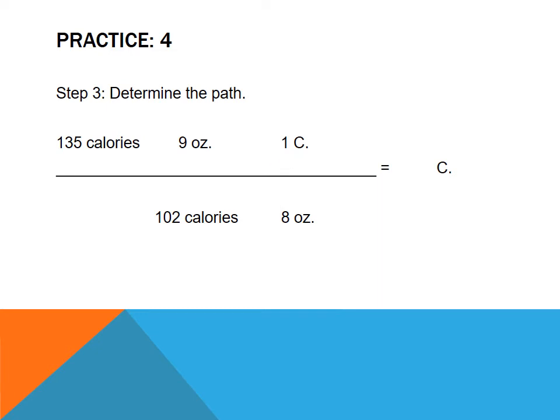We now have all the conversion factors we need. We cancel out the symbols we don't use, calories to calories, ounces to ounces. We multiply and do the math, and it comes out to 1.5 cups.